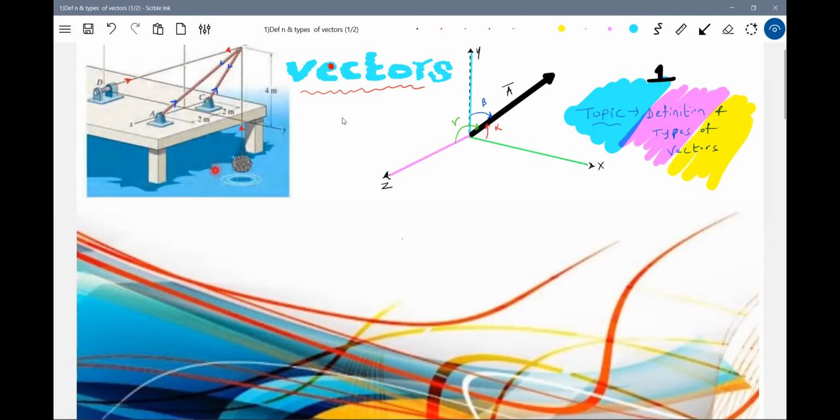You go to any application, mechanics or engineering, and the idea of vectors will be involved. They're very simple: when we catch fish, there's a machine, there's a motor. Using this, we can easily lift the mesh which contains all the fish.